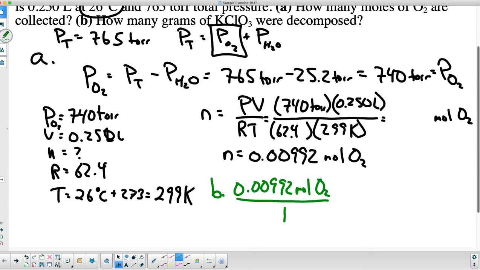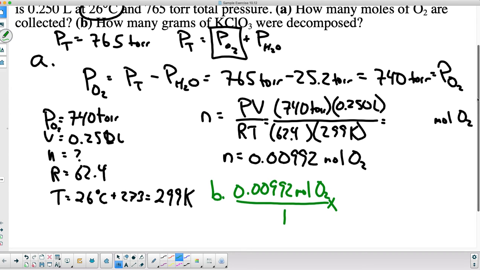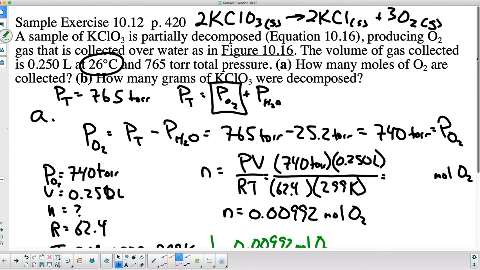All of that over 1, and then I'm going to do a mole-to-mole conversion using, and I have to scroll up for this, using number of moles of oxygen for the number of moles of KClO3.